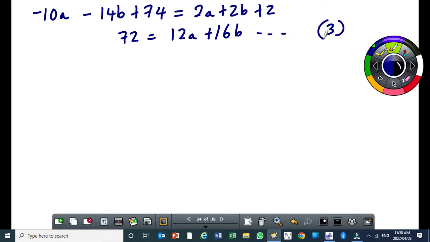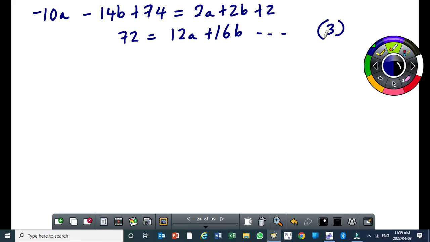Now I've got two unknowns. The next question will be, if I want to solve for two unknowns, I need a second equation. The number of unknowns determines the number of equations you are supposed to create. So, make sure you pay attention. If you are looking down, you can miss this out.